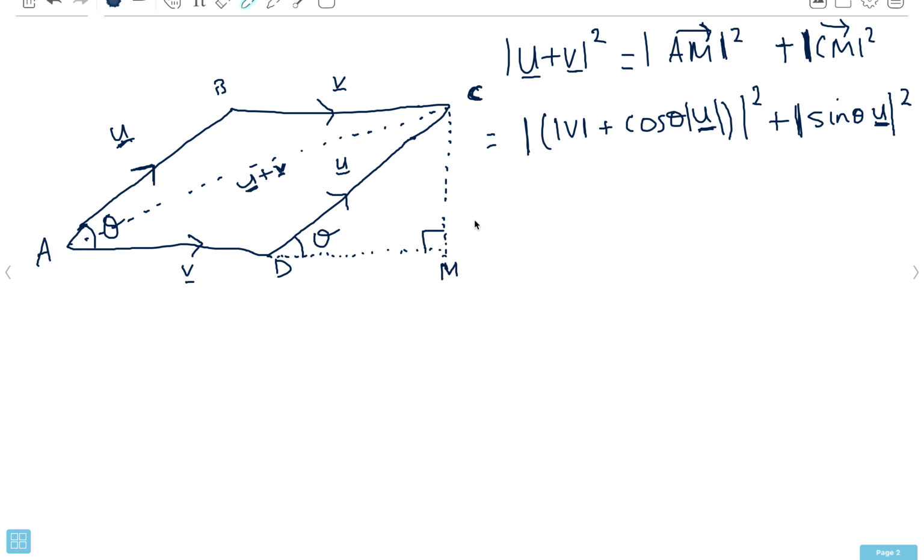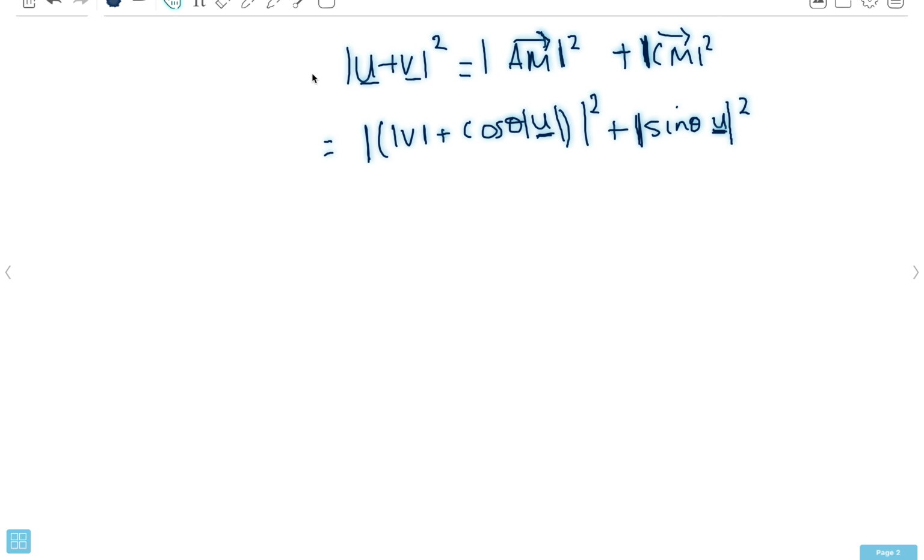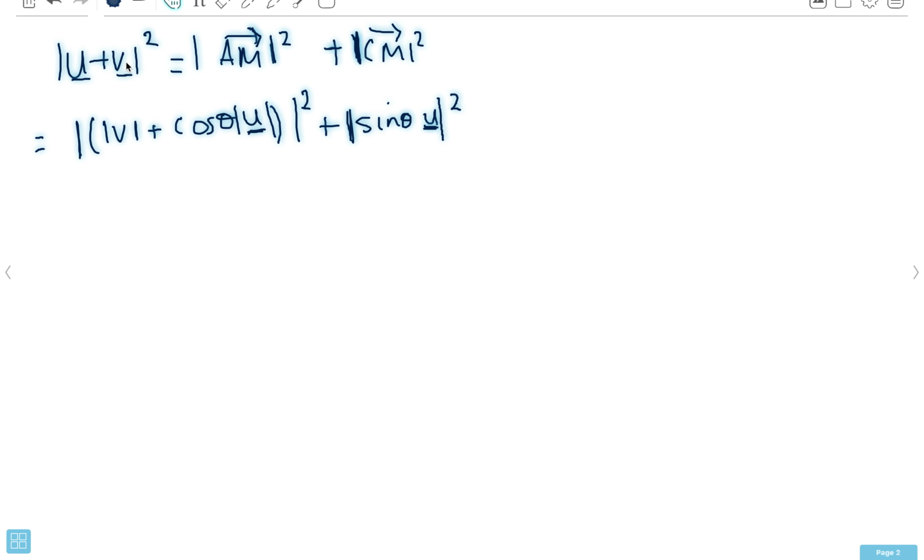Okay, we no longer need the parallelogram to complete this. Now for this part here, I'll give you the formula, and then an example to show you that it's true.